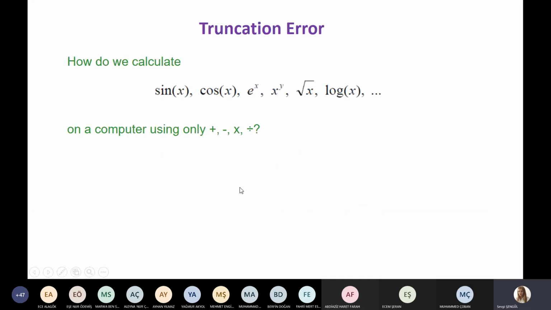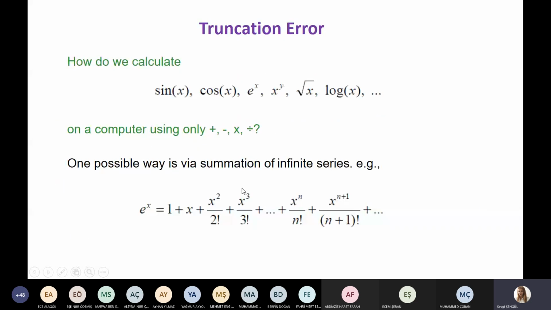Okay, and truncation error, how can we come up with a truncation error? These are some functions, and we want to define these functions: sine, cosine, exponential, power function, the root function, the logarithm function on a computer using only plus, minus, multiplication, and division, which means that I want to define them in a polynomial way. You know that the easiest way is defining them as a summation of an infinite series.